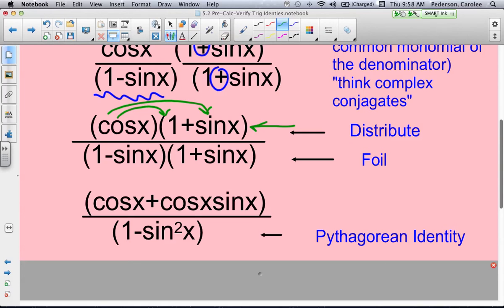Now a Pythagorean identity popped up in the denominator. So 1 minus sine squared of x.